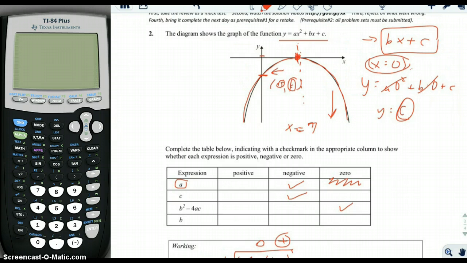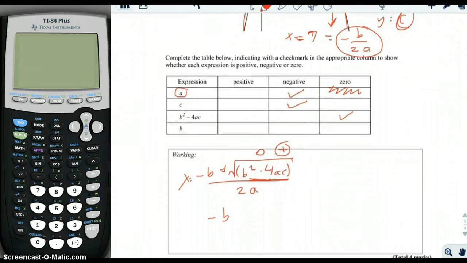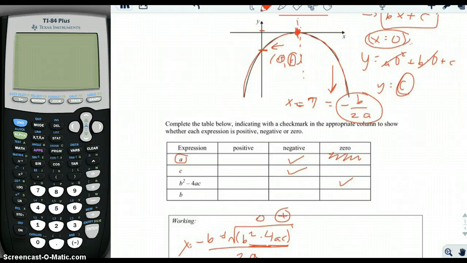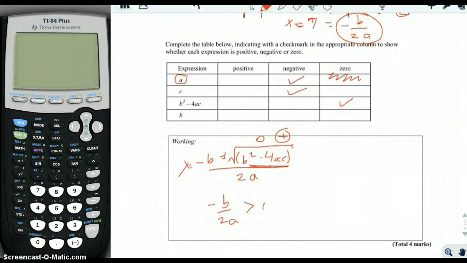Okay? And so the axis of symmetry can also be written in variables as negative b over 2a. Okay? So we're saying that negative b over 2a is a positive number because from the drawing we can see that the axis of symmetry happens on the positive side. So let's say that this is positive, negative b over 2a.